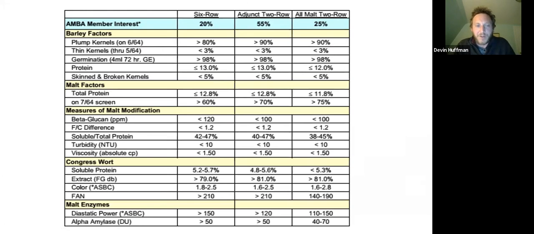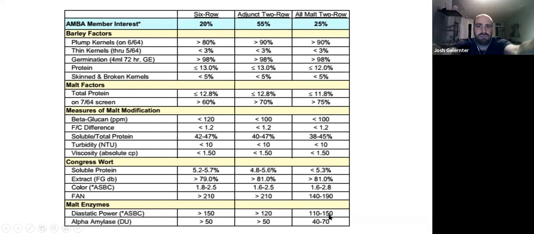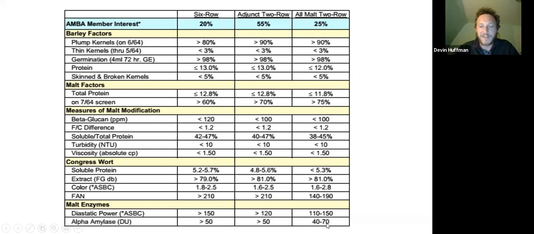And a lot of those numbers, in the malt house, there's a certain amount of control we have over this S/T ratio versus diastatic power and alpha amylase levels. A lot of the processes that affect those values are coupled. So we can't, for example, drop the S/T ratio down to 38% and then also expect to have a diastatic power up in the 150 or alpha amylase in the 70.